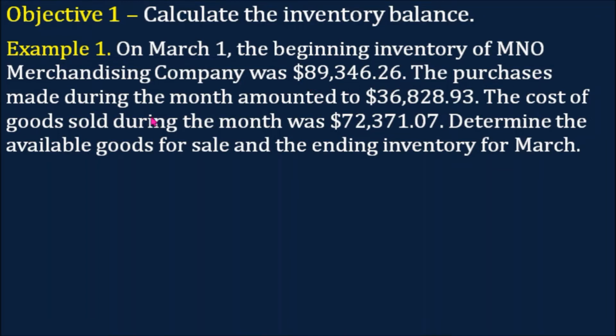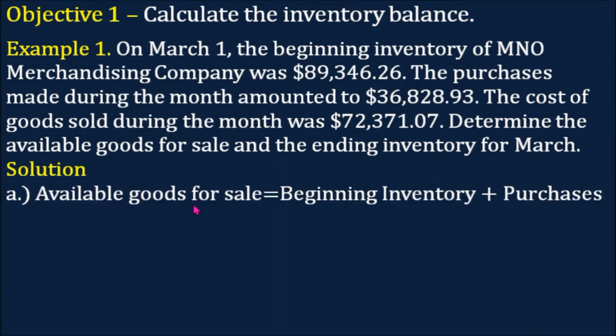The purchases made during the month amounted to $36,828.93, and the cost of goods sold during the month was $72,371.07. And the question is, determine the available goods for sale and the ending inventory for March. So this is our solution.